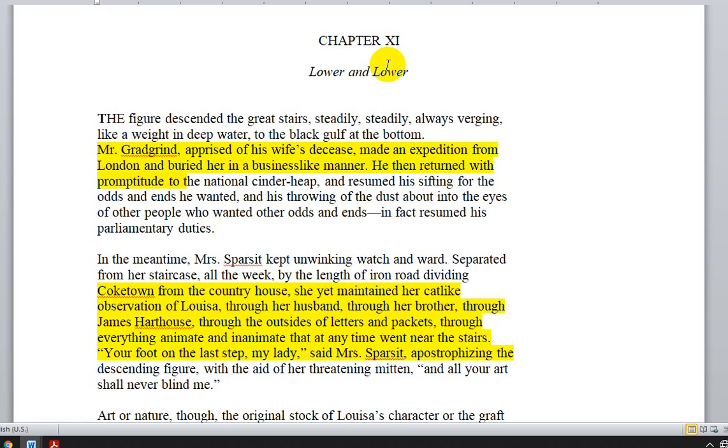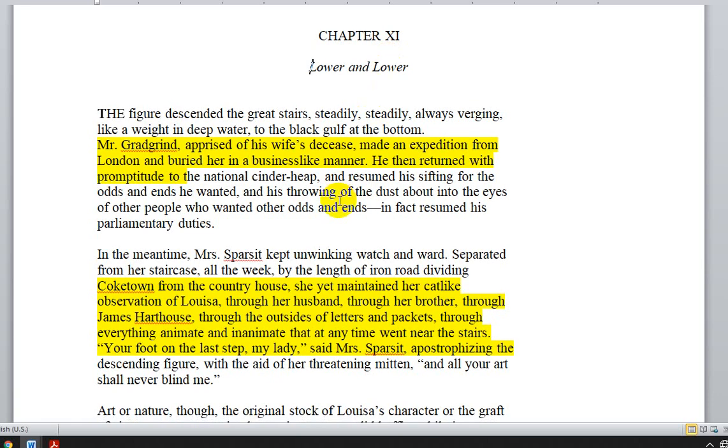And we know that the writer refers to that from the name Heart House, the house of the heart, the house which provides love, affection, emotions for Louisa. This has been made clear since James came to Coketown.